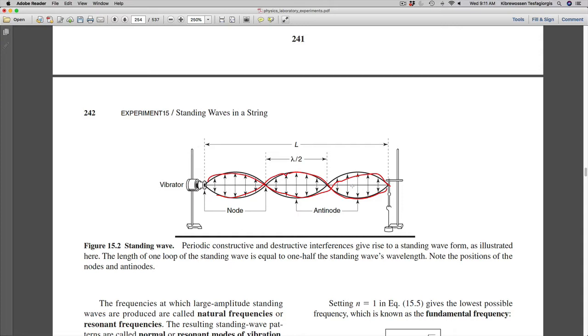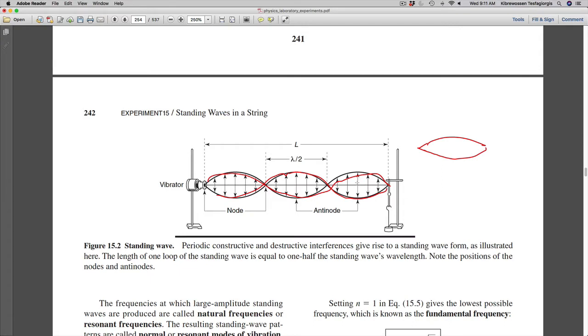You can hold the string very tight, and then pluck it, and you will literally see the string moving up and down, forming this kind of motion if you hold it on those two sides. So that's what a standing wave is like.